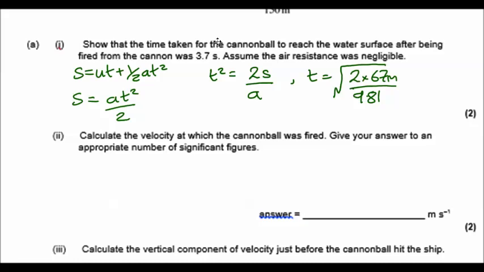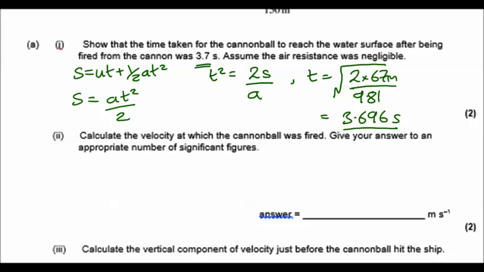And that will give you an answer of time being 3.696 seconds. And again, you're showing that it's close to 3.7, so that would round to 3.7 seconds. So showing your decimals shows that you actually worked it out.